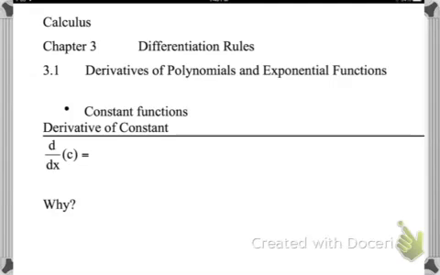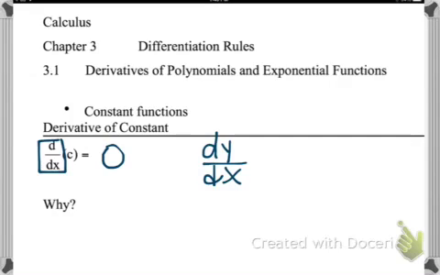Okay, so the first one is the derivative of a constant, which we talked about in class. So the derivative of any constant is just what we know is just 0. First of all, this notation, d over dx, means the derivative of. Okay, dy dx means y prime, so that would be like dy dx equals 0, the derivative equals 0.